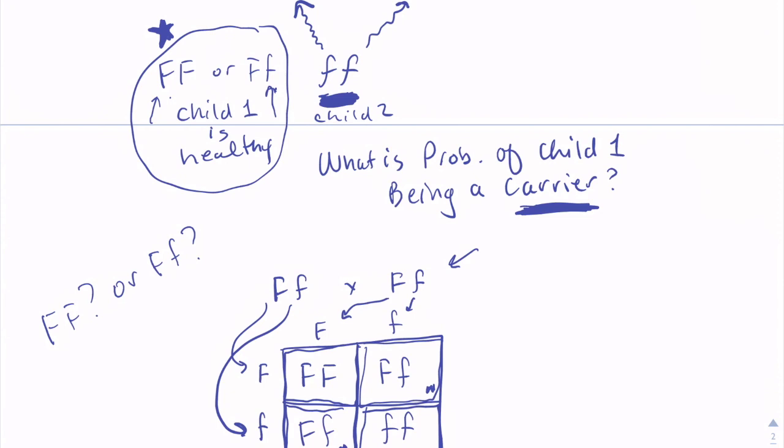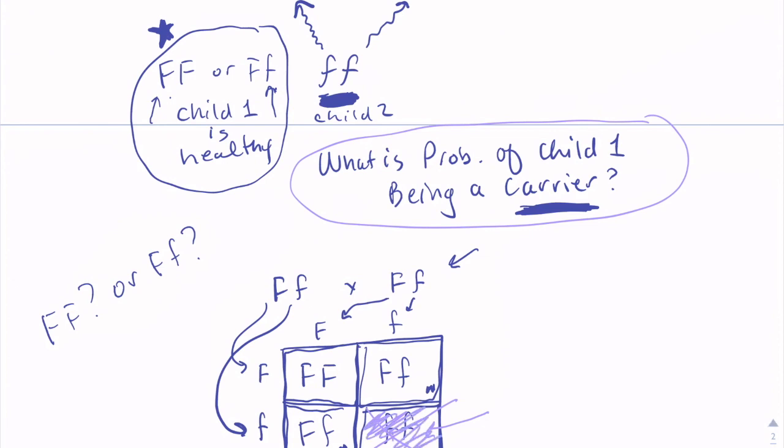I'll give you a moment. 1 Mississippi, 2 Mississippi, 3 Mississippi. We can rule out this box here. We know child 1 is not homozygous recessive because they don't have the disorder. We know the sibling is, but if we want to figure out the probability of child 1 being a carrier, we can eliminate this box.